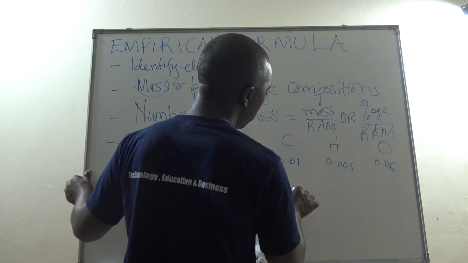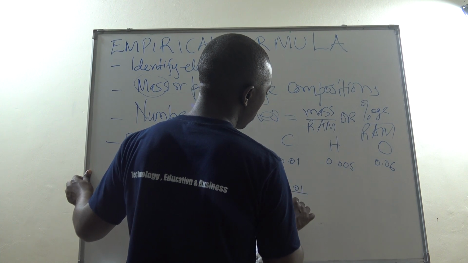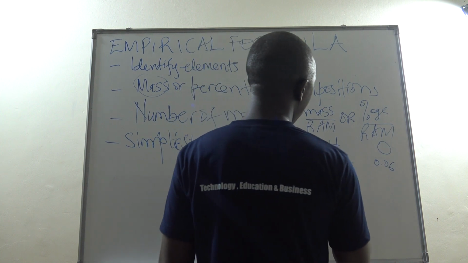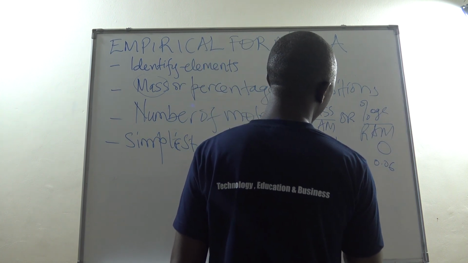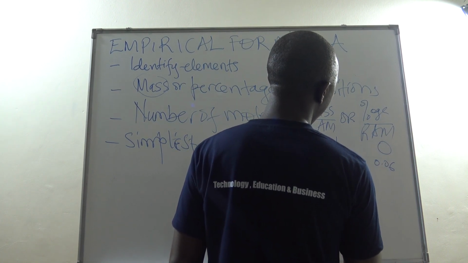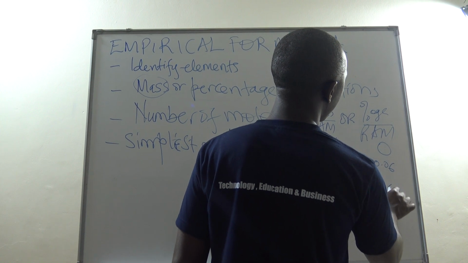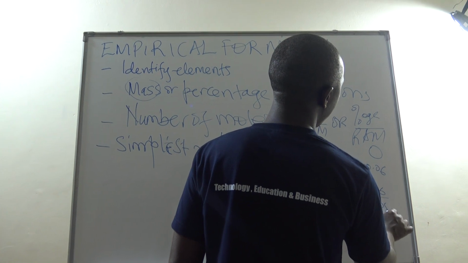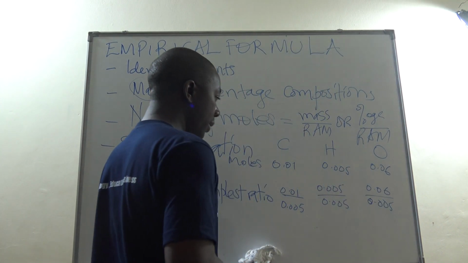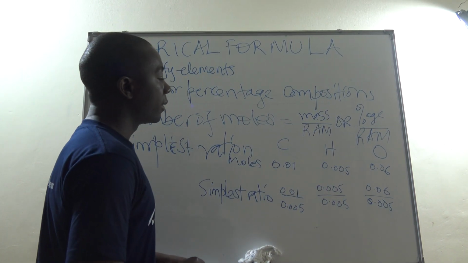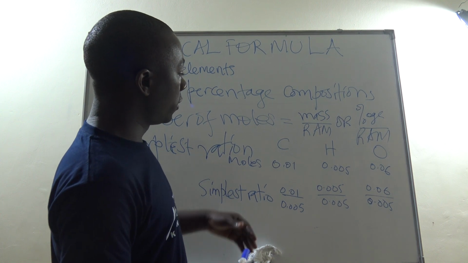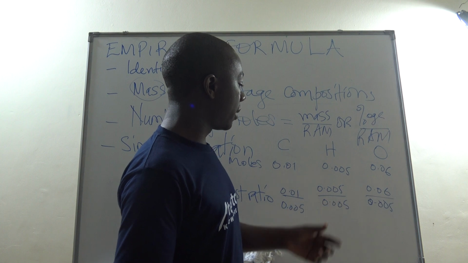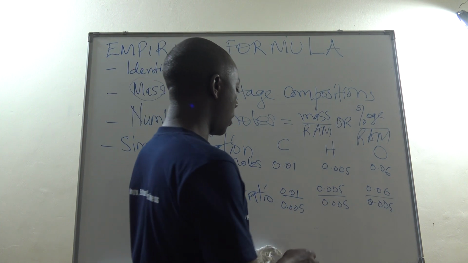I'll say this is 0.01 out of 0.005, 0.005 out of 0.005, 0.06 out of 0.005. So the answers which I get are what we refer to as simplest ratios. Please, we don't just divide anyhow, but we look for the moles that are smallest and then divide them throughout.